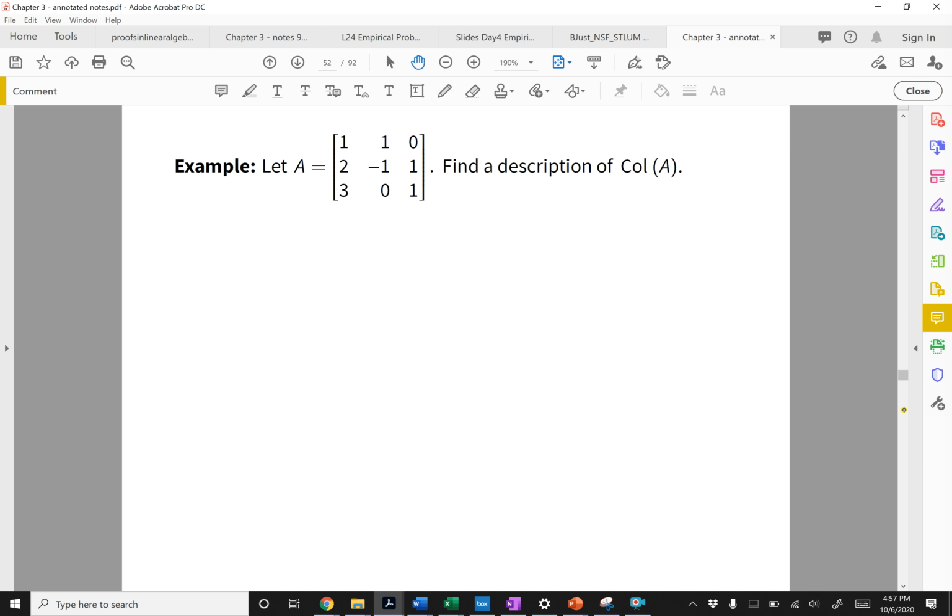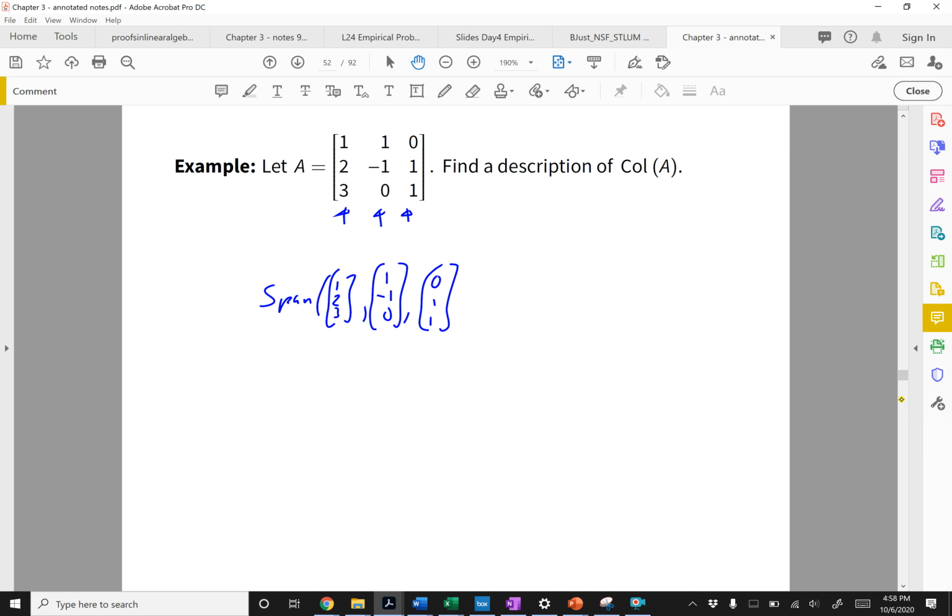Okay. So here's A. Find a description of the column space of A. So here we can start row reducing. What we need to figure out is if these are linearly independent. If they are, then we could just say the span is 1, 2, 3, 1, a -1, 0, 0, 1, 1.